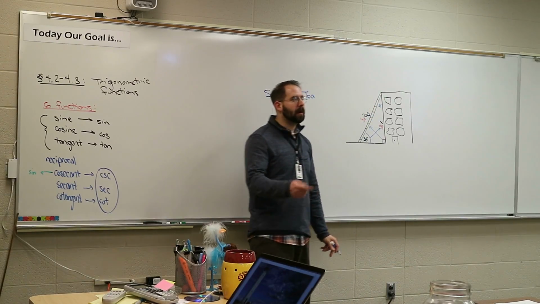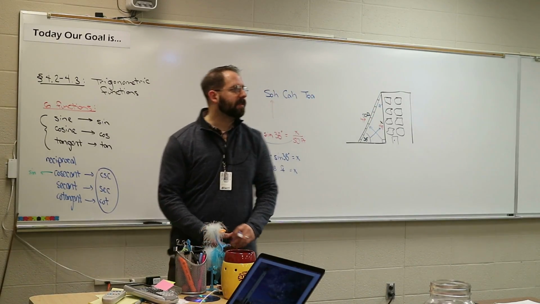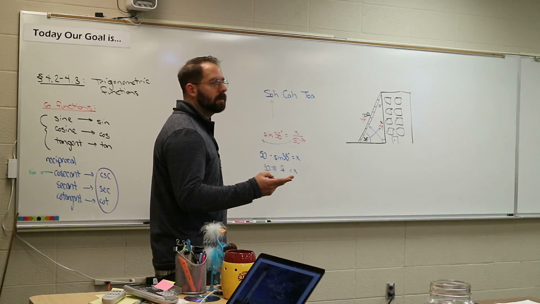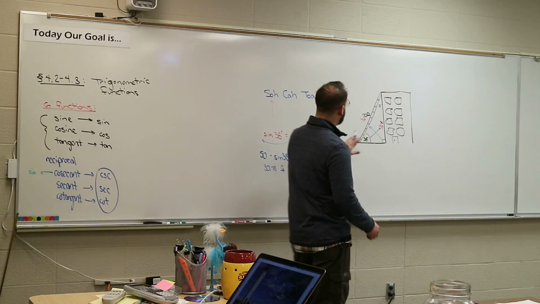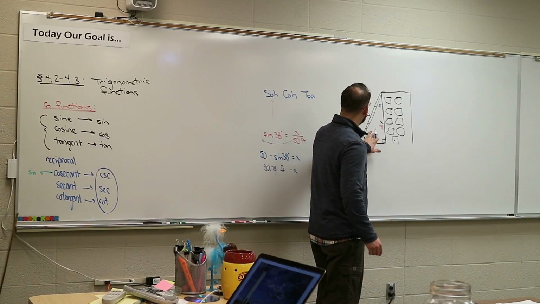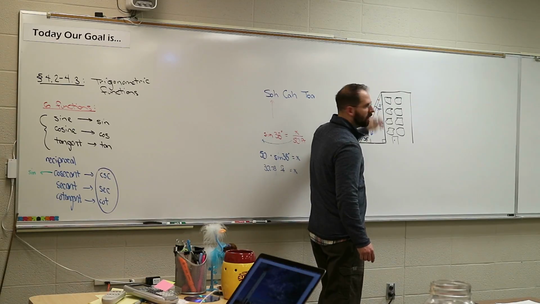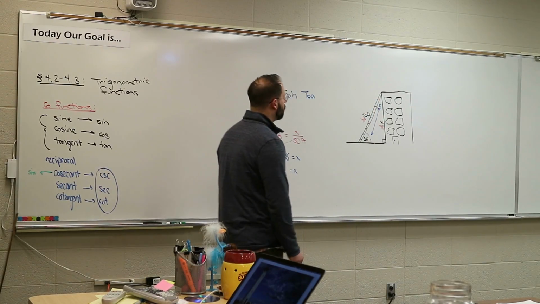How do I know that? There was a property in geometry we talked about that the remaining two angles of a right triangle have to be complementary. So the two remaining acute angles have to add to make 90 degrees themselves. So I knew that the other one had to be 52.